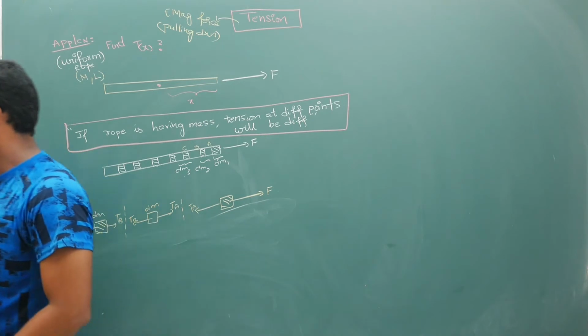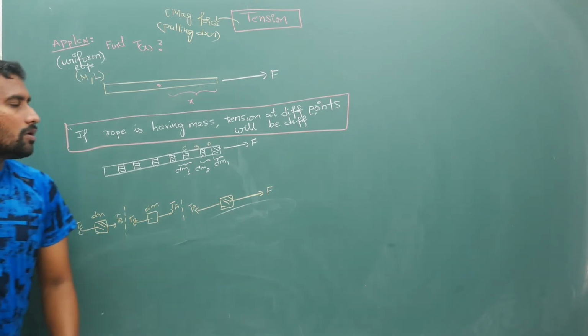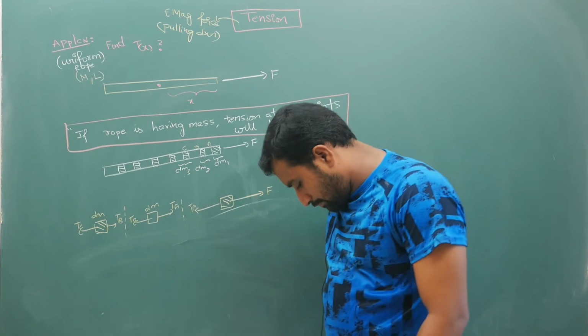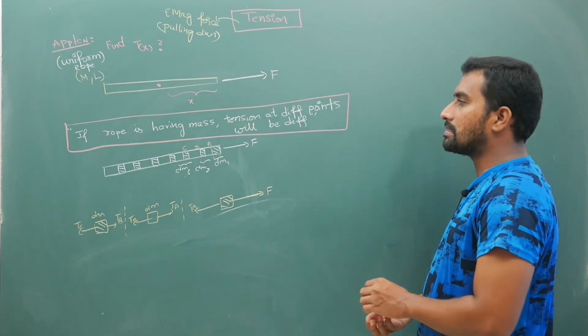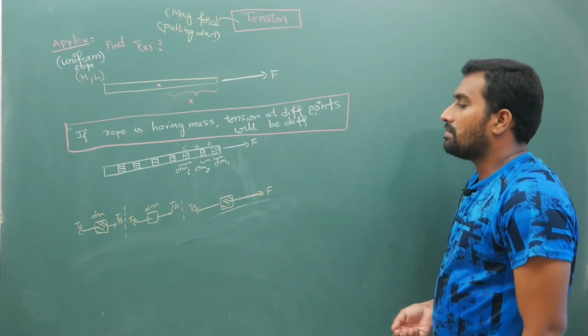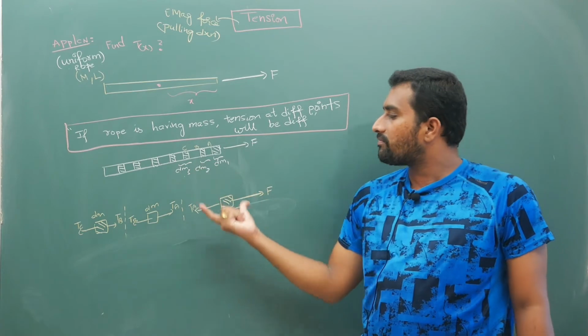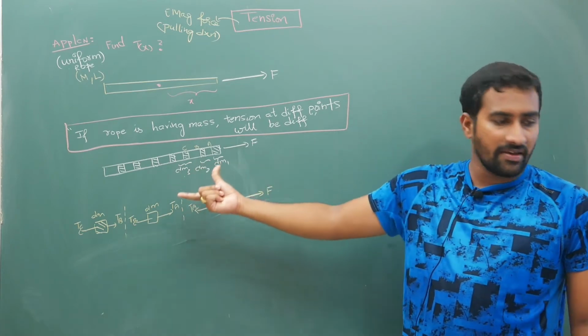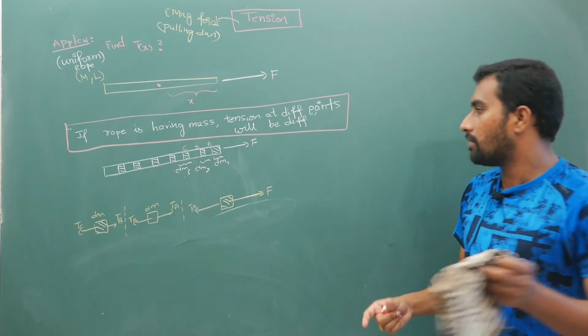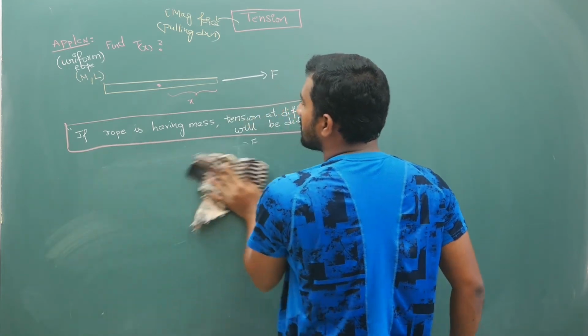Now in this case, for this rope, what is happening is that the mass is distributed along the length. Because this rope is having some mass, I will divide it into different parts like this. From this it is very clear that at different points you will have different tension. Now I don't need this complete part.